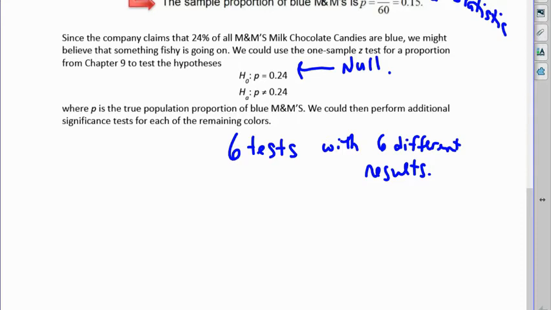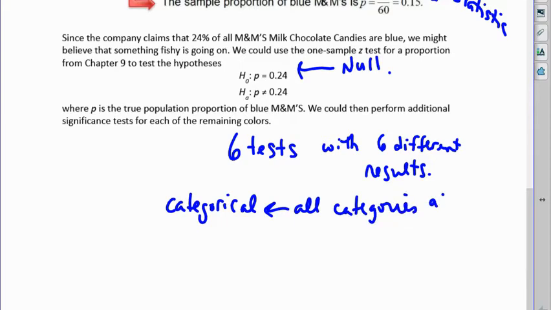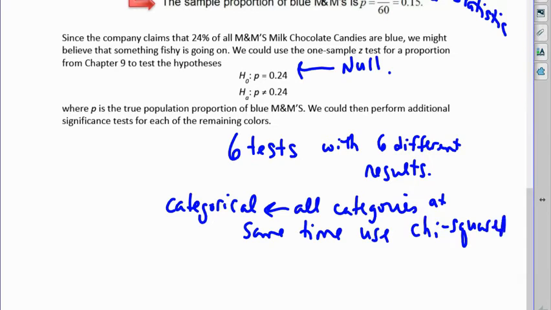And so in order to do a test of this categorical data, doing all the categories at the same time, what we do is a chi-squared goodness of fit. All right, so on to the next page.